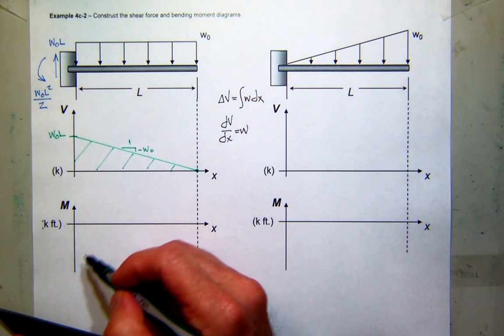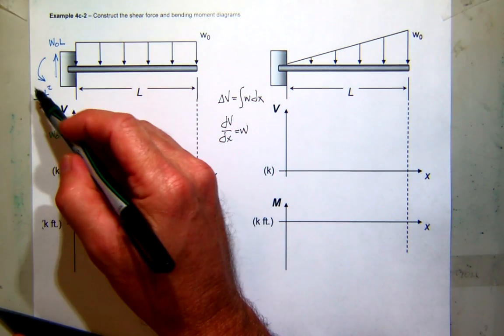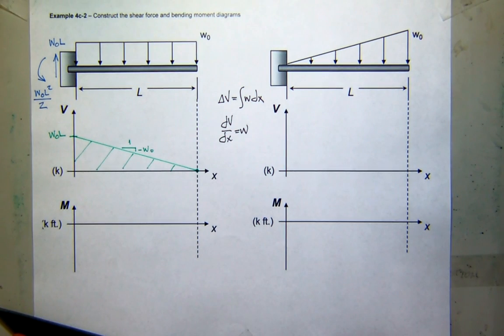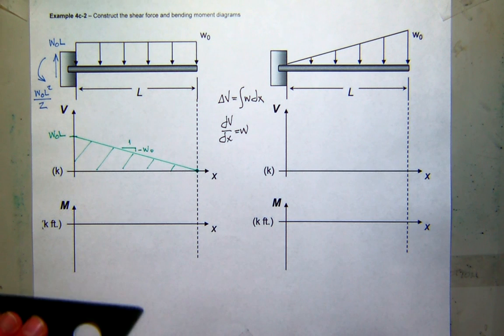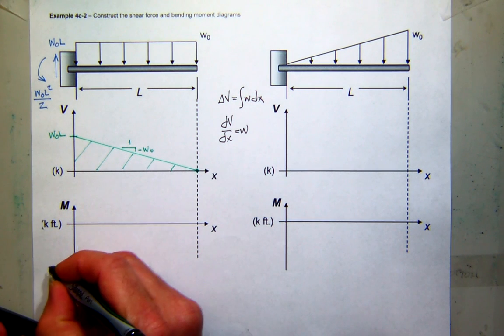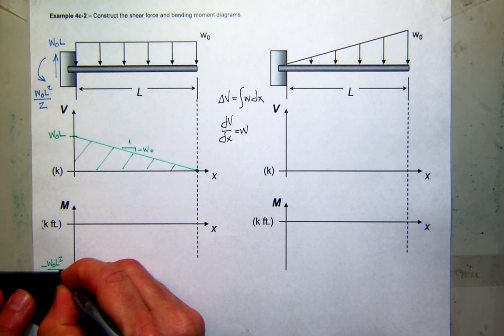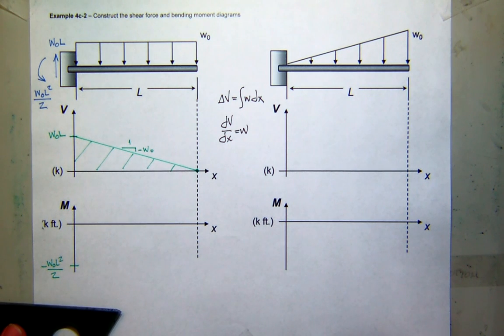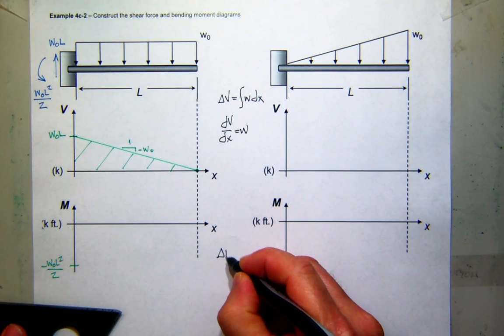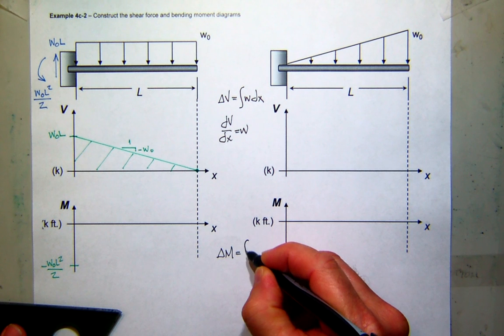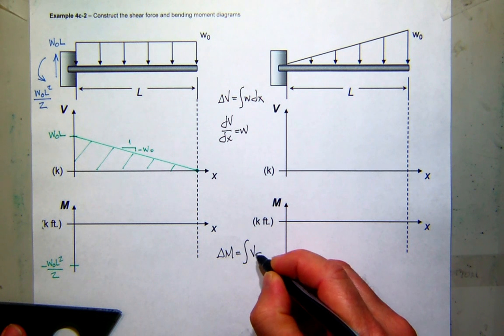So looking down here at my moment curve, what kind of moment is this to start? Positive or negative? Negative. So we're going to start off at negative W naught L squared over 2. And we know that the change in moment between any 2 points is the area under the shear diagram.